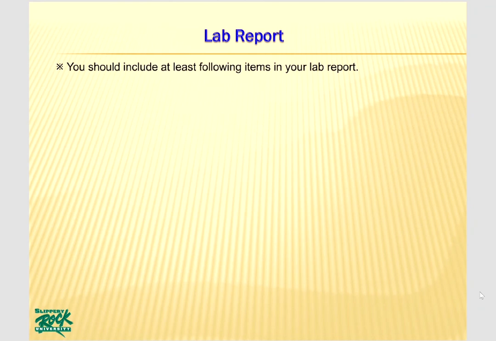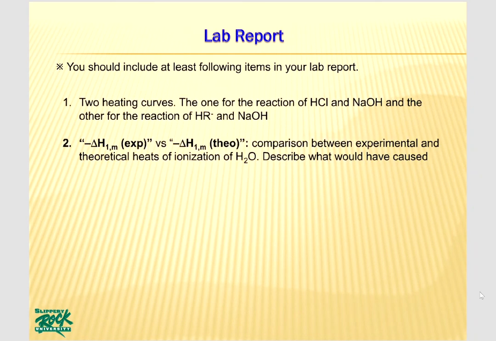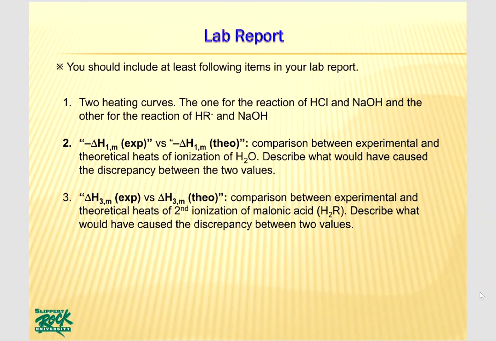Now, I want you to include at least the following items in your lab report. Number 1. Include 2 heating curves, the one for the reaction of HCl and NaOH, and the other one for the reaction of HR- and NaOH. Number 2. Compare the experimental heat of ionization of H2O with the theoretically calculated value.